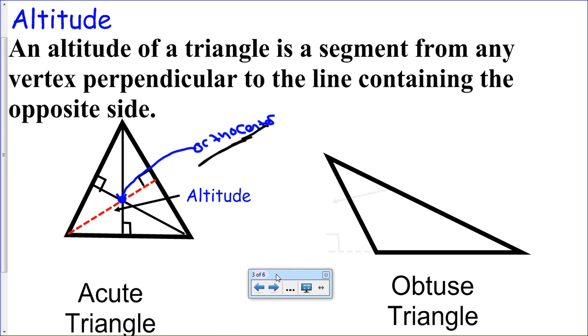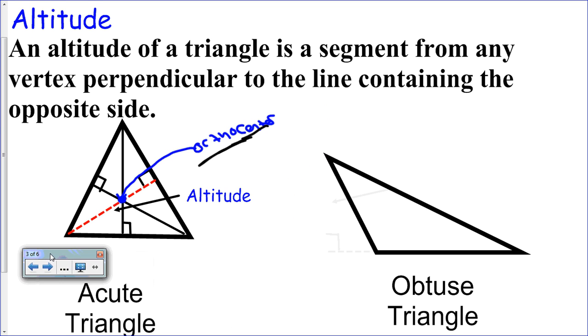Why is that? It goes back to the altitudes. If you recall, an altitude of a triangle is a segment from any vertex perpendicular to the line containing the opposite side. So here's what happens. The altitude of this obtuse triangle is actually outside of the triangle.